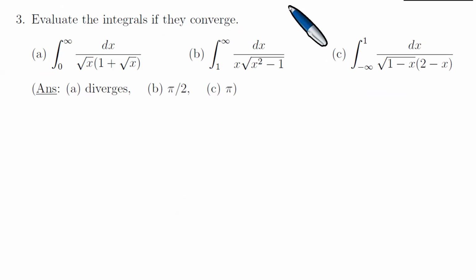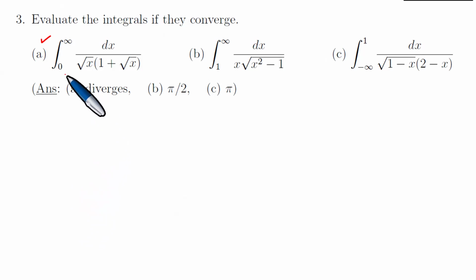Right, let us look at the first question, 3a. This one here. Now, this particular integral is a very interesting integral, but also we need to look at exactly what we need to do to solve it.